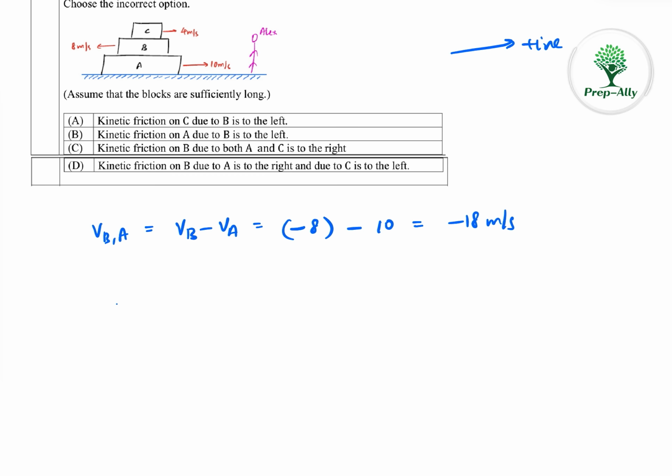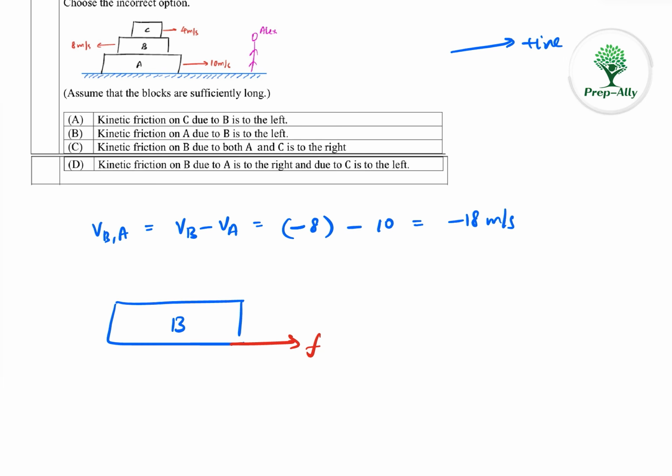Now what we have to look at is the sign. The negative sign shows that as seen by A, B has a tendency to move in the negative direction. That is what you mean by velocity of B as seen by A. So to prevent that, we'll get friction between A and B like this.